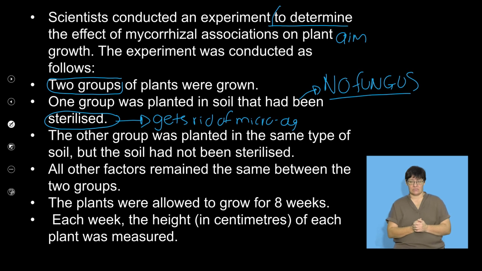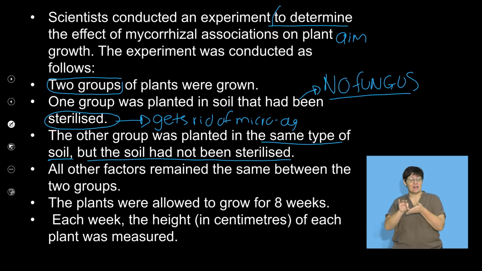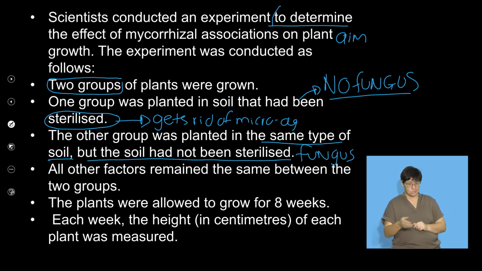The other group was planted in the same type of soil, a fixed or controlled variable, but the soil had not been sterilized. So in this group, the fungus would have been present. All other factors remained the same, controlled variables between the 2 groups. The plants were allowed to grow for 8 weeks.